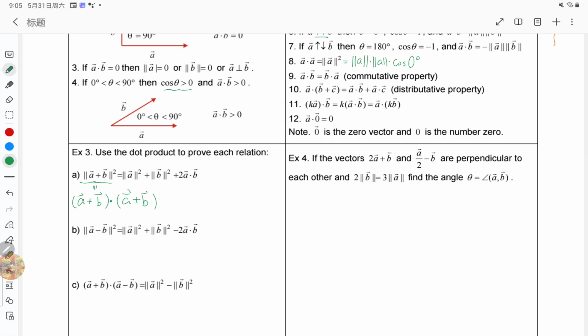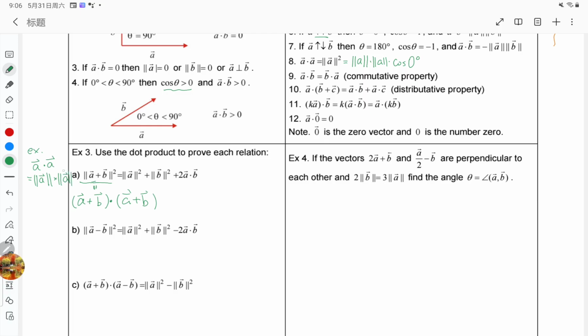So norm square is equal to this. For example, a vector inner product with a vector, if you plug in the inner product formula, is the norm of a multiplied by the norm of a.